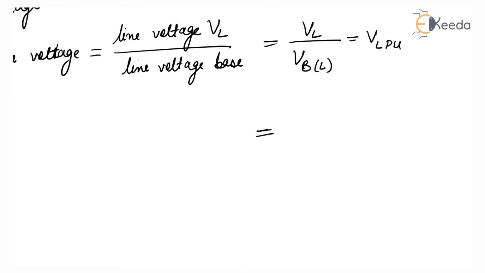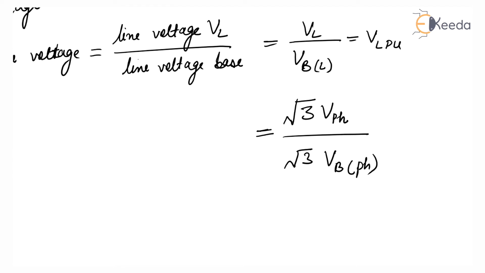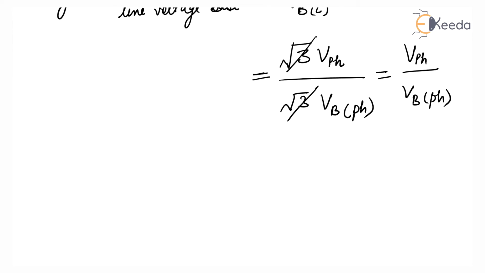Similarly for phase voltage, root 3 V phase upon root 3 V base for phase voltage. So this root 3 cancels out. So this is equal to V phase upon V base phase voltage, which is V phase per unit.